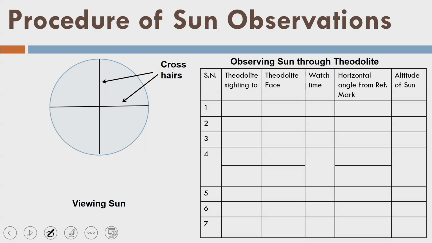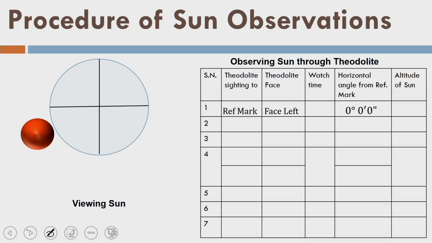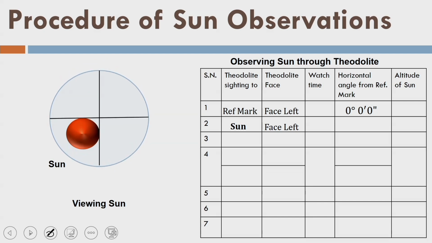So first I will target the reference mark with face left, and so this is my 0 degree. Okay, let us see, this is the sun, and now I will bring the sun like this, and now I will measure time, theta angle, that is the horizontal angle from reference mark, and altitude angle above the horizon, this and this, done.